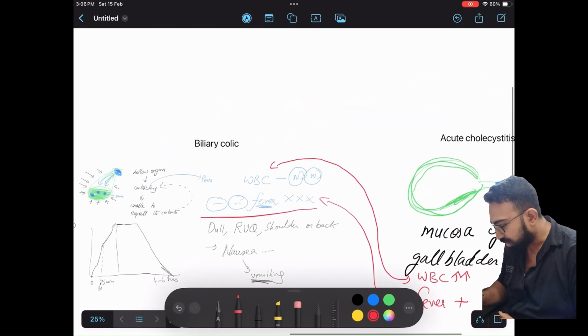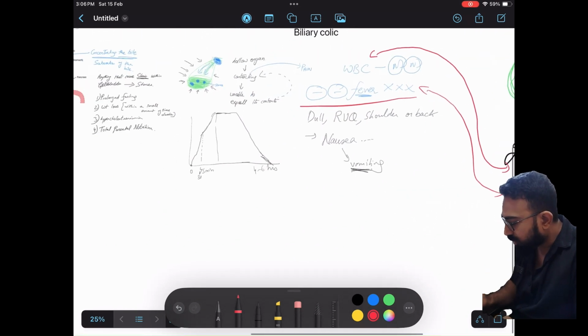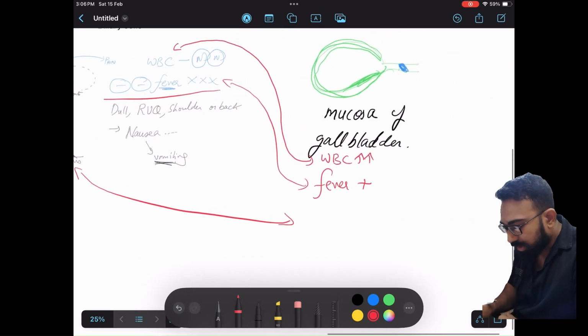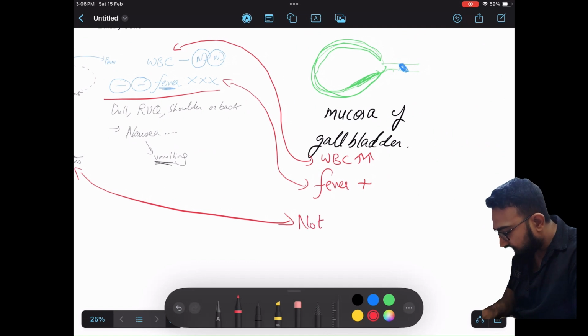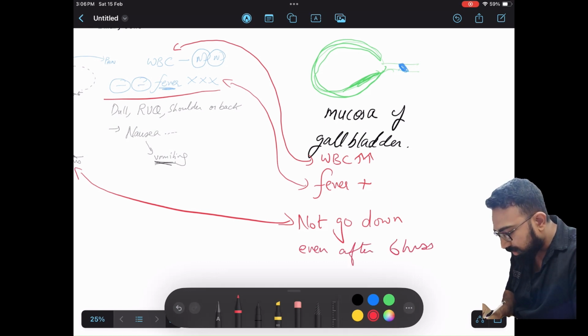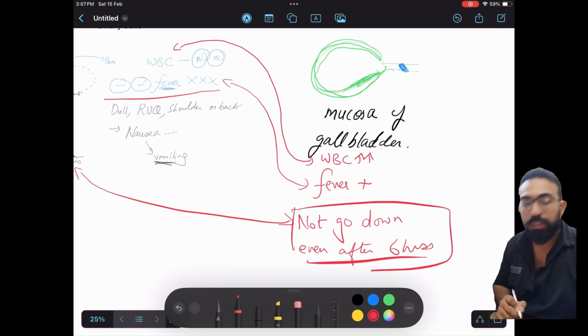Another thing about the pain: the pain of biliary colic will go down by a maximum of 6 hours. Here the pain will not go down even after, let's say, 6 hours.